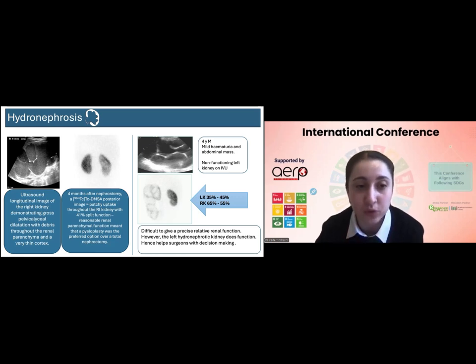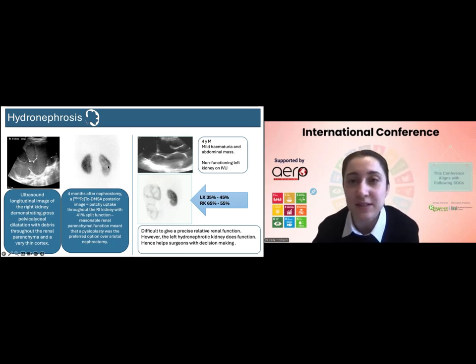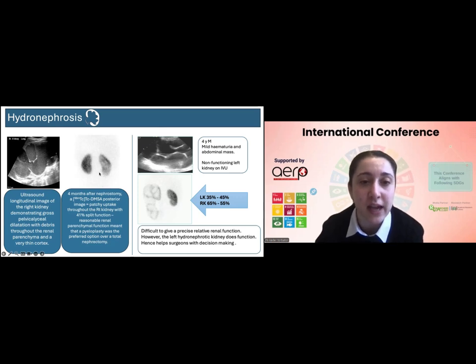Usually we perform an ultrasound scan in these patients, which will identify the grossly dilated kidney, and then a DMSA scan, which in this patient showed only a small reduction in the function of the right kidney with a 41% split function, which is a reasonable renal parenchymal function. So this patient actually went on to just have pyeloplasty instead of, again, removal of the total kidney.